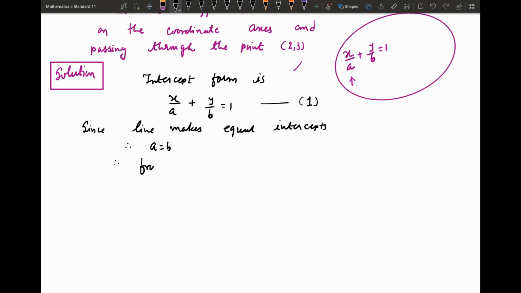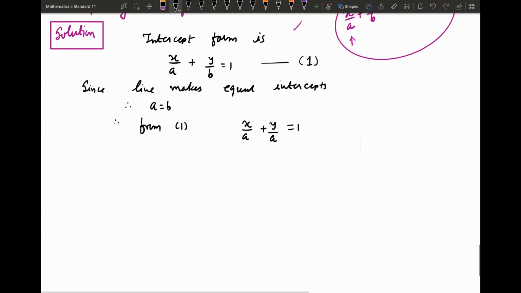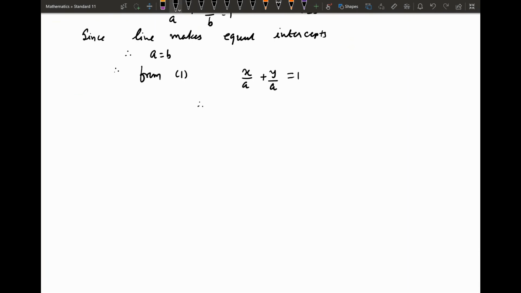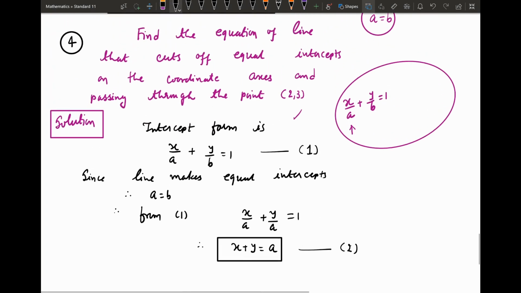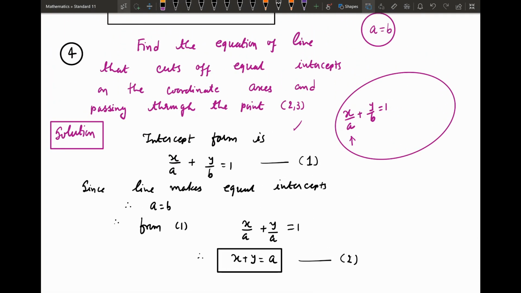Therefore from equation 1, x by a plus y by b equal to 1, but b equal to a, so the simplification is x plus y equal to a. Now the simplified form of equation 1 is equation 2. This is equation 2. The only unknown is a. So to get the equation of the line, we have to find a.